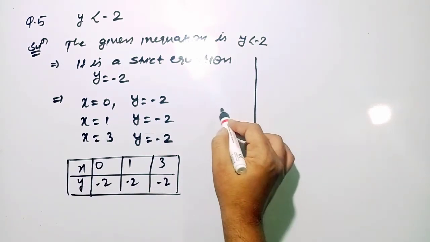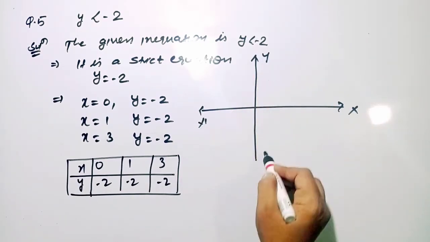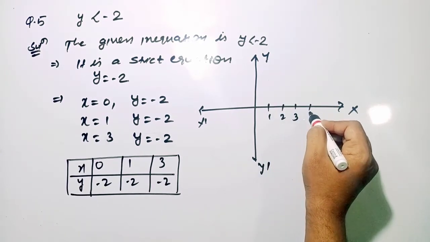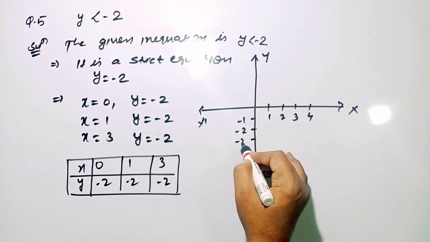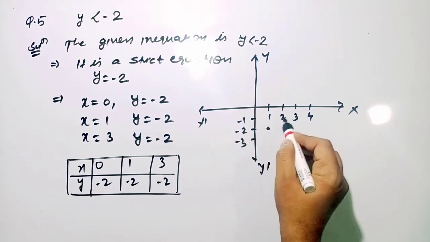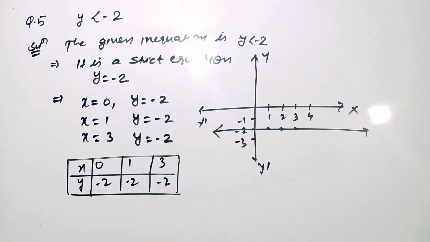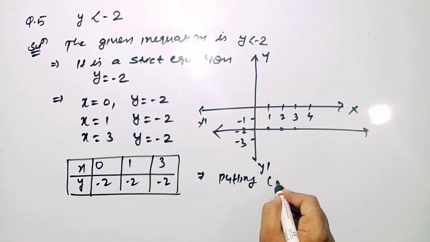Now drawing the Cartesian plane with axes and 4 quadrants, 1, 2, 3, 4, here will be minus 1, minus 2, minus 3. So drawing the points, we are getting a line parallel to the x-axis.